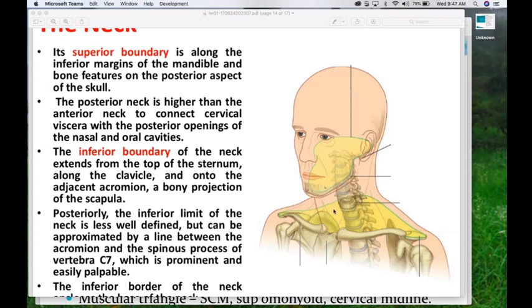Now the inferior boundaries of the neck extend from the top of the sternum onto the adjacent acromion and bony projection of the scapula. Okay, this is the inferior boundary of the neck.